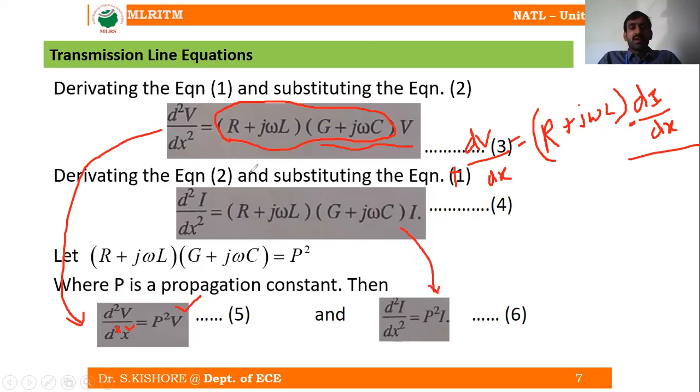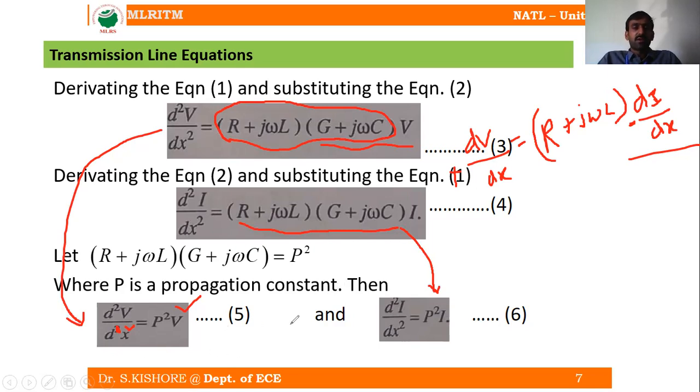By substituting r plus j omega l into g plus j omega c, which is nothing but p square, where p is the propagation constant, the secondary constant of the transmission line.